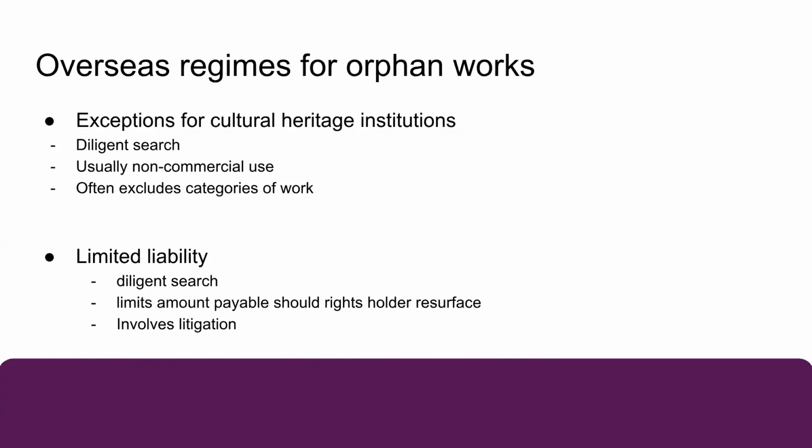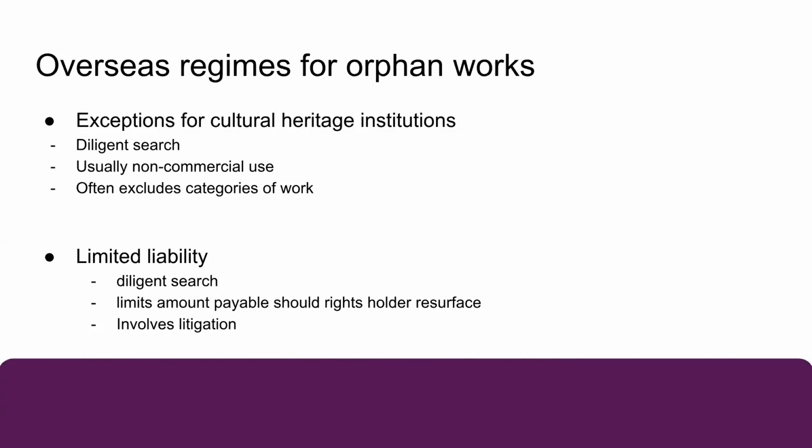This was a regime considered but not adopted in the United States as part of a proposed Orphan Works Act. What it would do is limit to reasonable compensation the amount payable to a rights holder should they reappear if a cultural heritage institution has used their work. Like other schemes, it still relies on the organisation wanting to use the work to complete and document a diligent search.